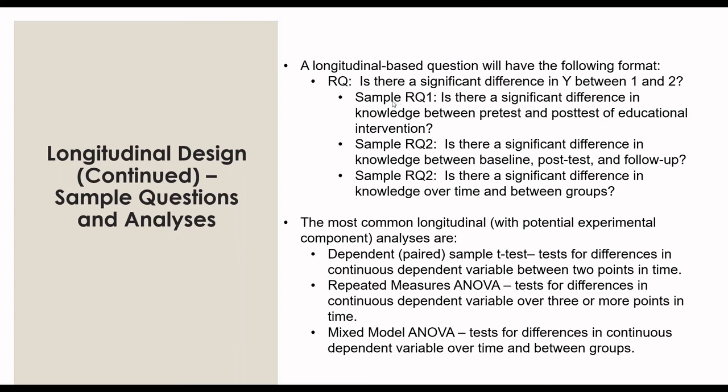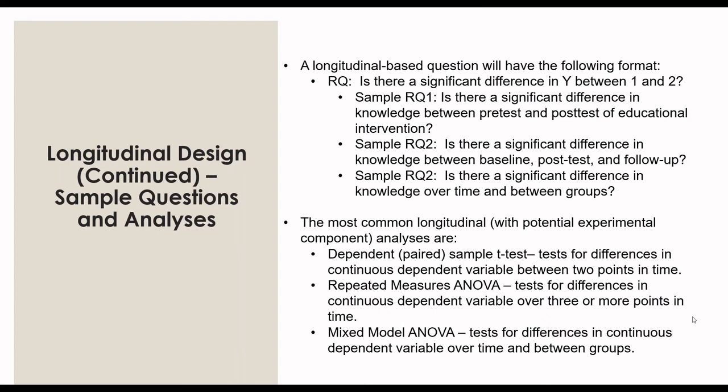You're just testing for differences between 2 distinct points in time. A repeated measures ANOVA would be the appropriate test for sample question 2 because you have 3 time periods. You could have 3 or more. You could have 10 time periods if you wanted. You could run it that way.